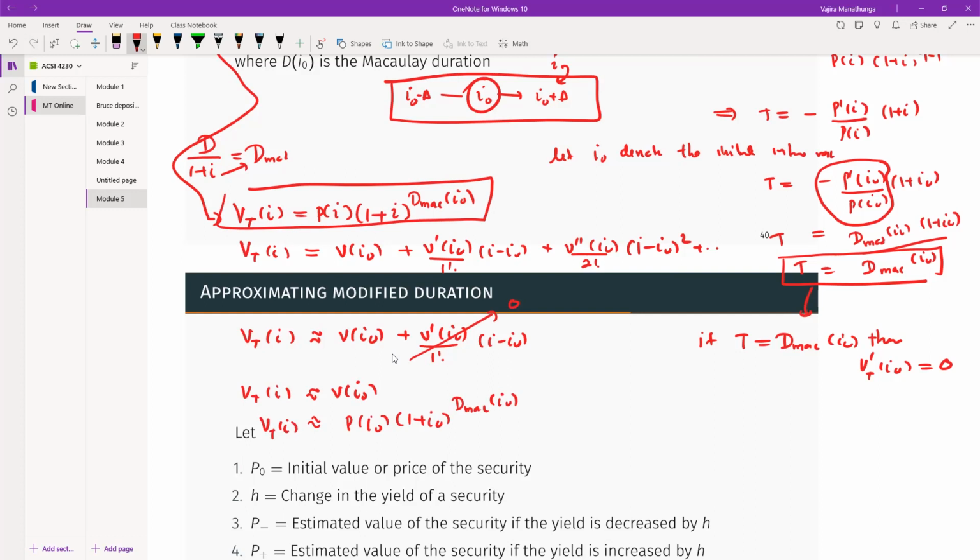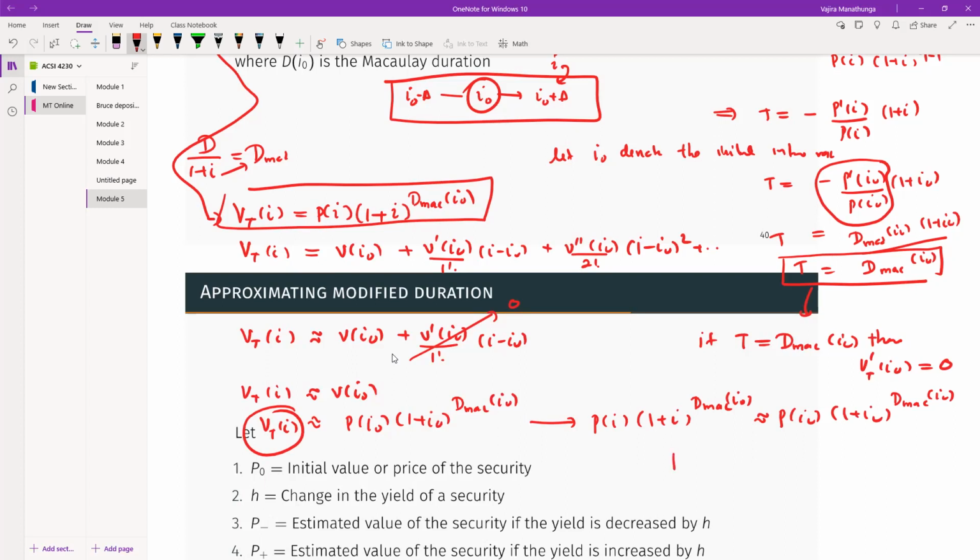Now I can replace the other side. Let me come back. I can replace this term, and that would give me basically P(i) times 1 plus i to the power.